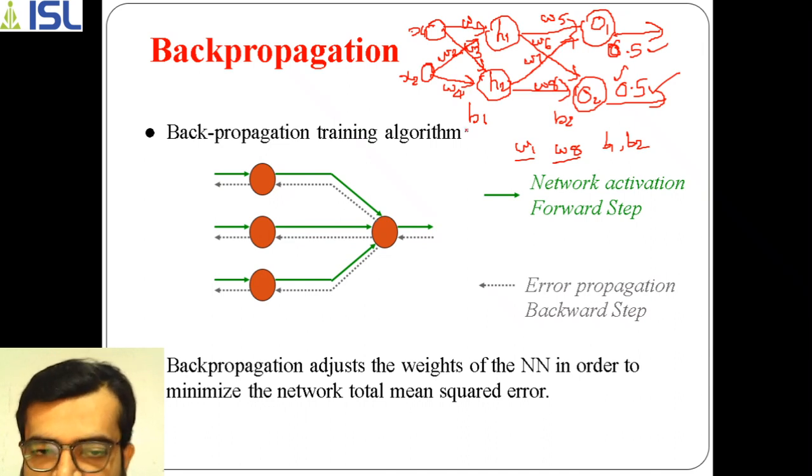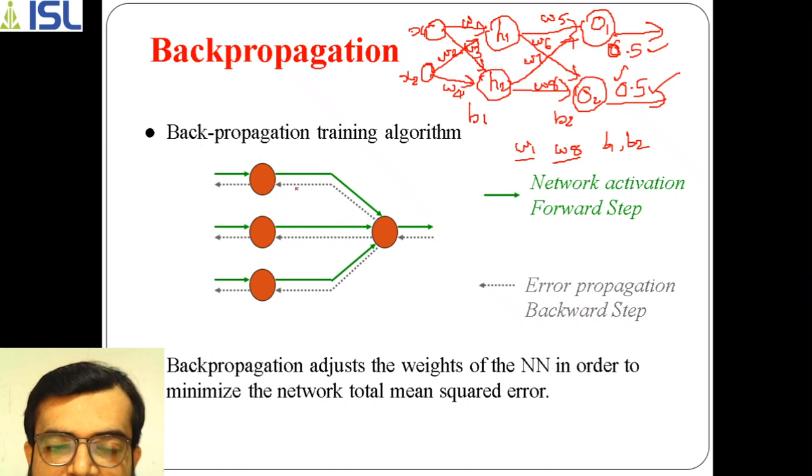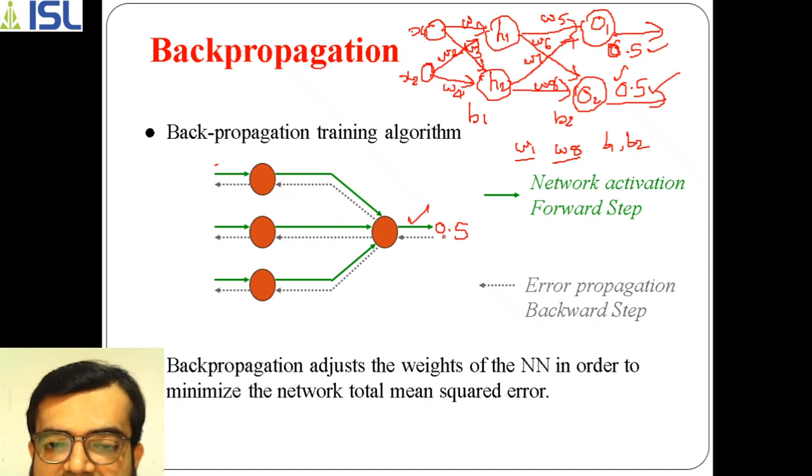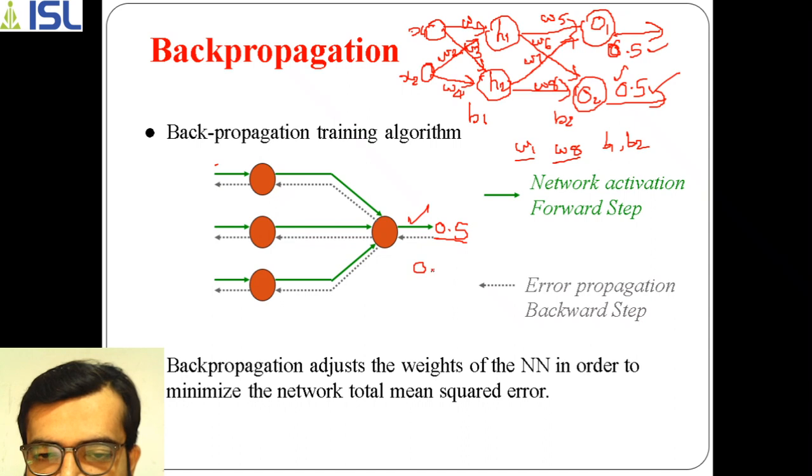For that purpose, if you go in this green direction, you have the activation forward step, where the activation function gives you an output. Here, the expected output is 0.5, but if I get something like 0.735, which is not equal to it, that means I have to adjust the weights.